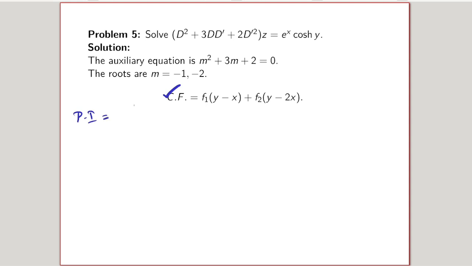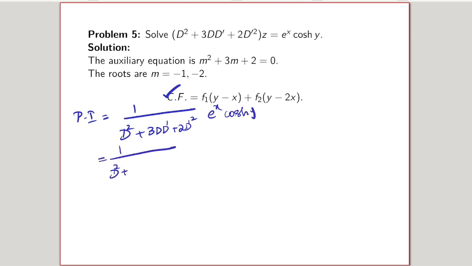it is given that 1 by d square plus 3 d dash plus 2 d dash square into e power x cos hy. So we can write this part as 1 by d square plus 3 d dash plus 2 d dash square, e power x into cos hy, which is nothing but e power y plus e power minus y divided by 2.